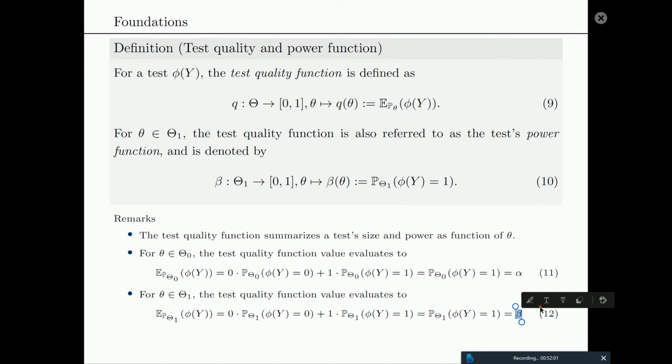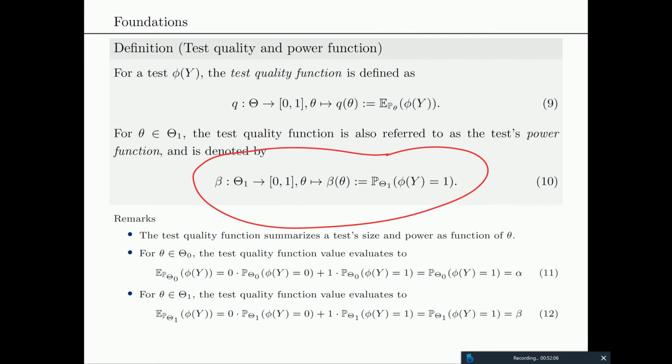So mainly people are interested in the power function usually. The test quality function is a little bit more general in that you can also look at the size. So you have one function that gives you the size of a test and the power of a test. How this function looks in a specific setting, of course, depends on how these probabilities for the test outcomes really come about.